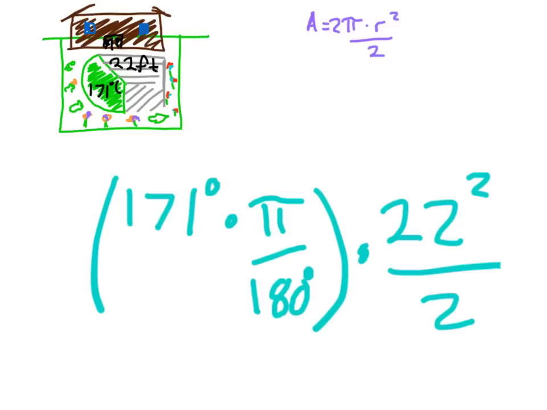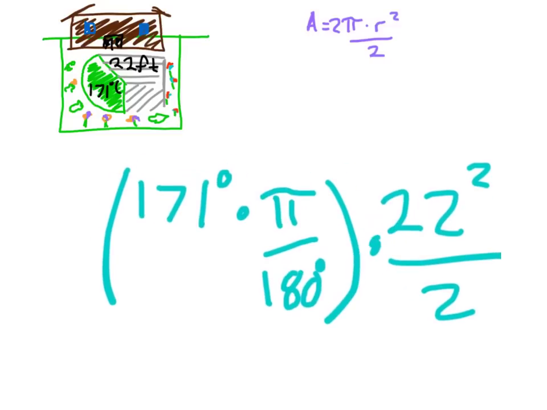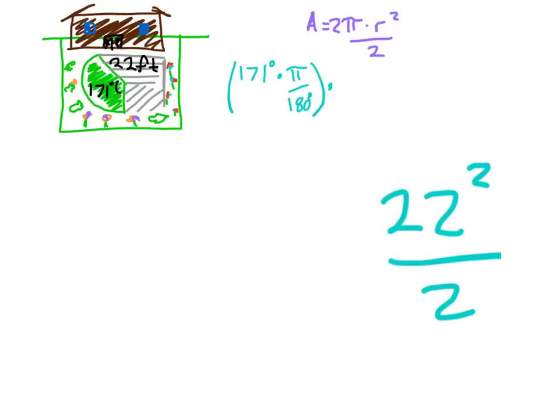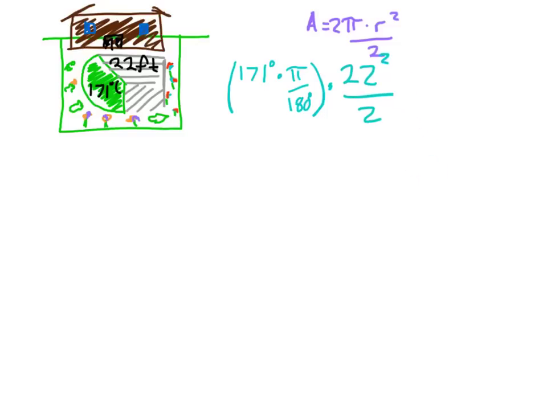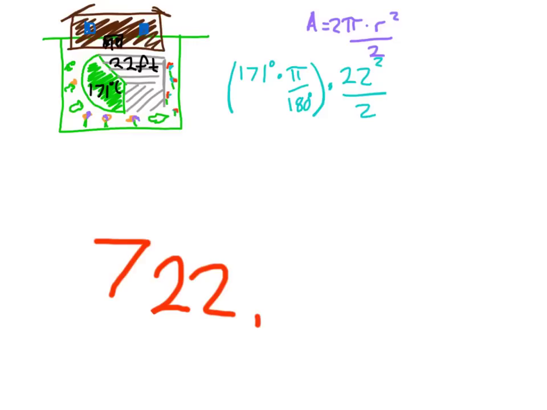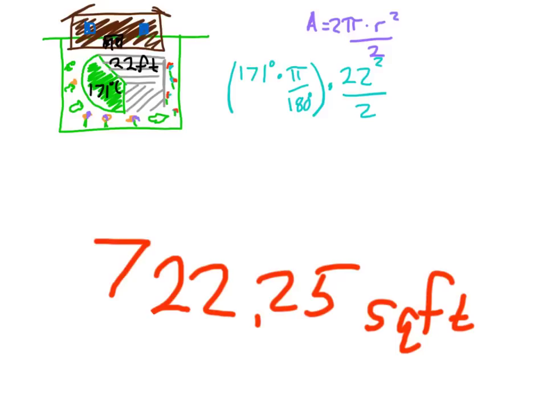You take that whole mess and plug it into the calculator, and you're going to get something pretty cool, I think. You're going to get 722.25 square feet. Okay, 722 square feet of lawn.